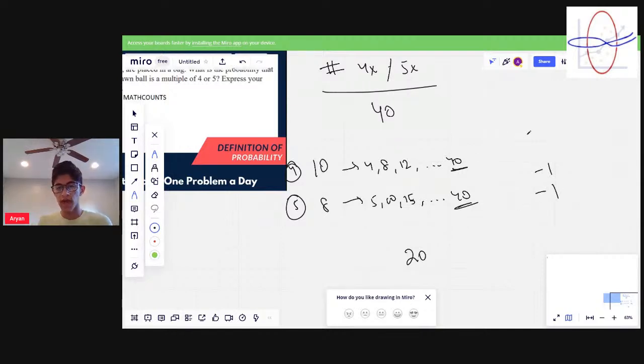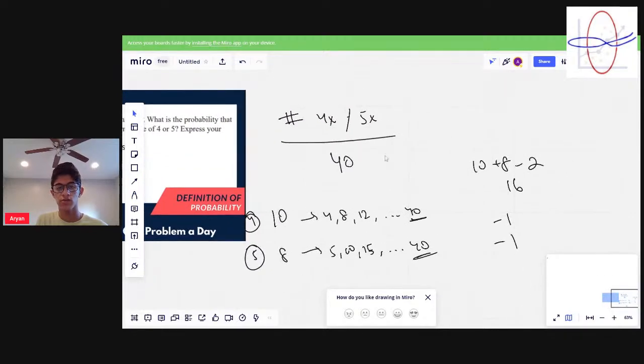So ultimately, we have 10 plus 8 minus 2. This is equal to the total number of numbers that are divisible by 4 or 5. So that's just 16. So then our answer would be 16 over 40, and when we simplify this, you get 2/5.